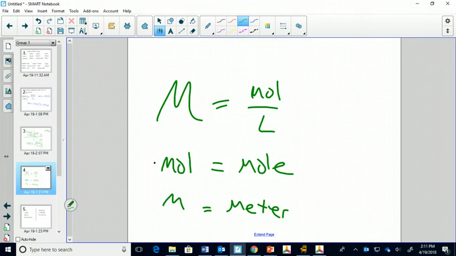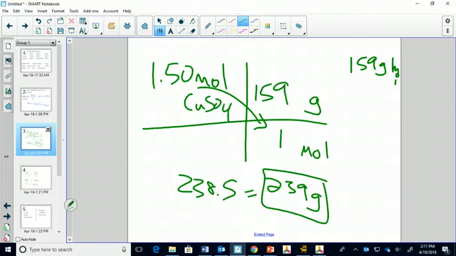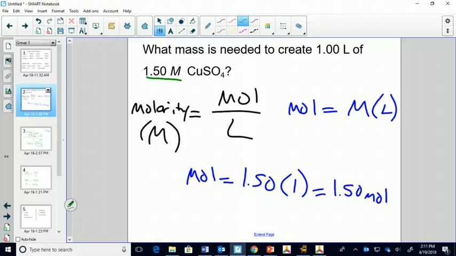The big M is a script, italicized capital M in your textbook. It's telling you this is the concentration of this copper 2 sulfate.